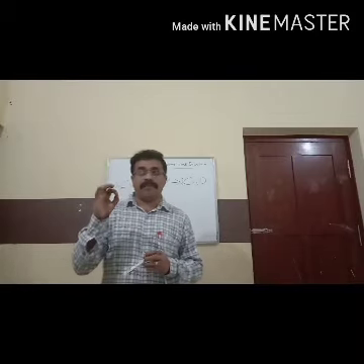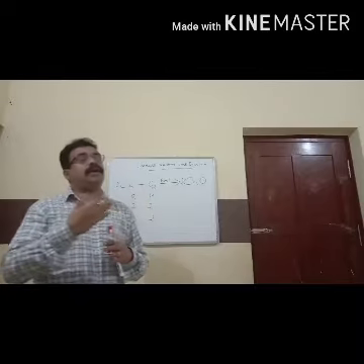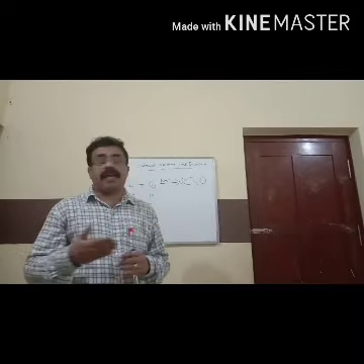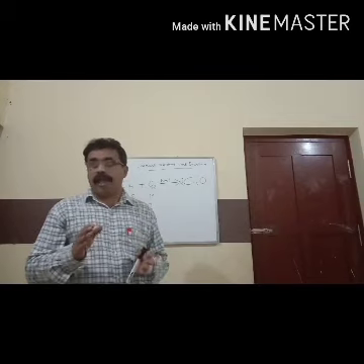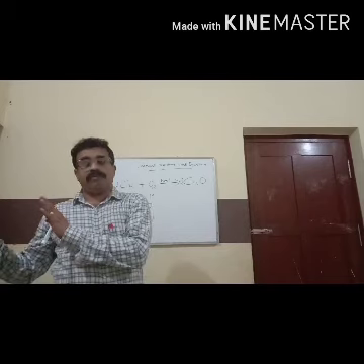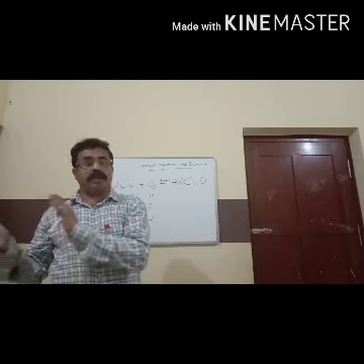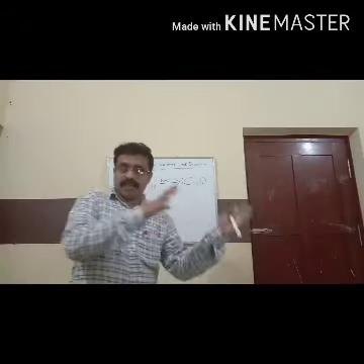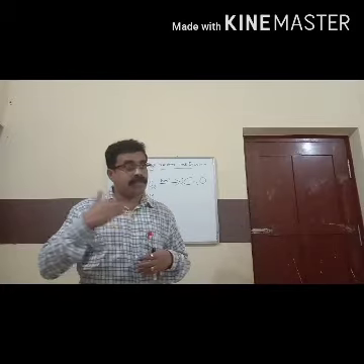It comes normally when we balance an equation which contains a diatomic gas like O2, H2, Cl2, etc. And in one side, that is in the reactant side, it is odd or even number. In the product side, it is odd or even. Hence, one side it is odd and the other side it is even. At that time, you find it a little difficult to balance the chemical equation.